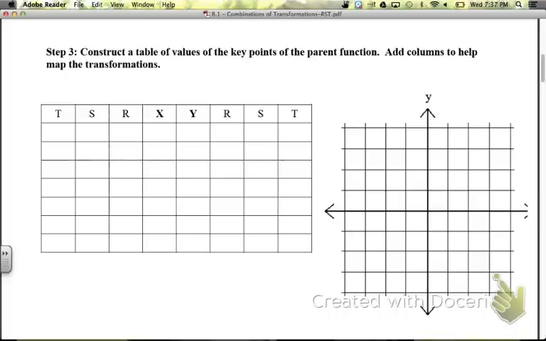Now in step 3, we're going to construct a table of values of the key points of the parent function. And then we're going to use our RST columns on either side, so that we can graph our transformed function easily from our parent function.